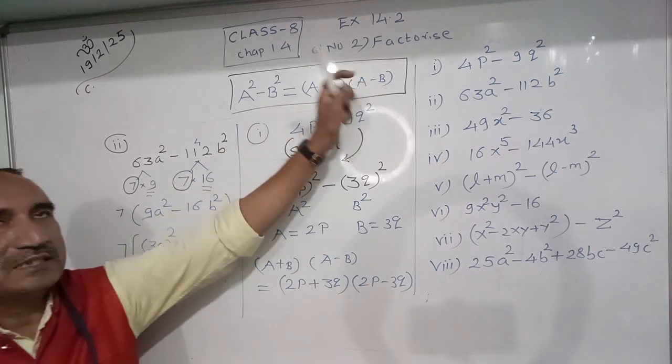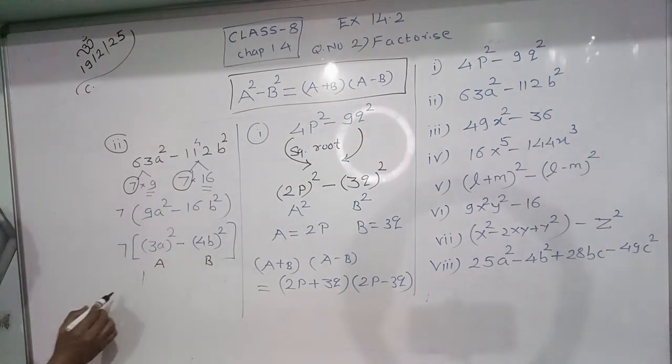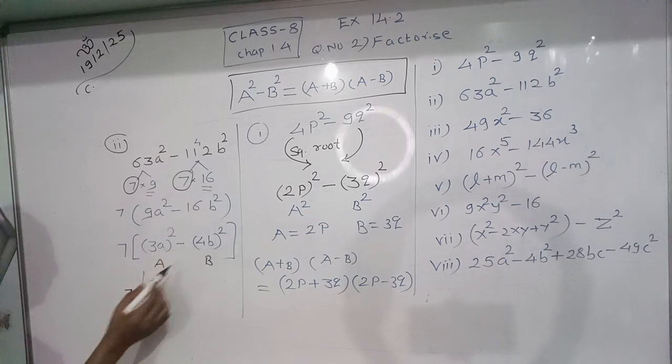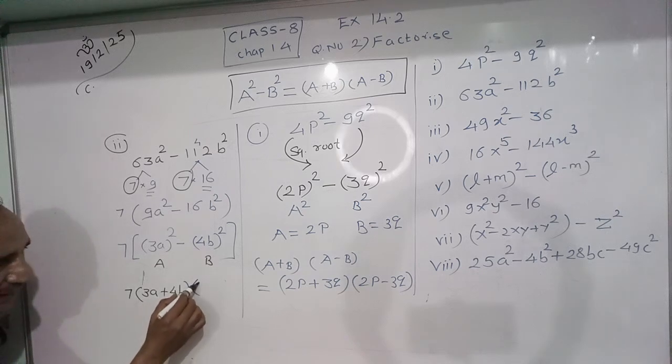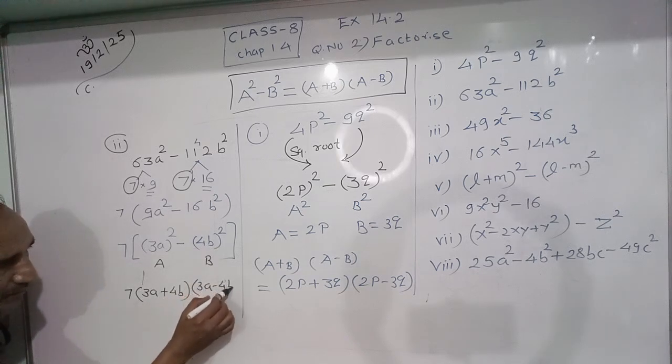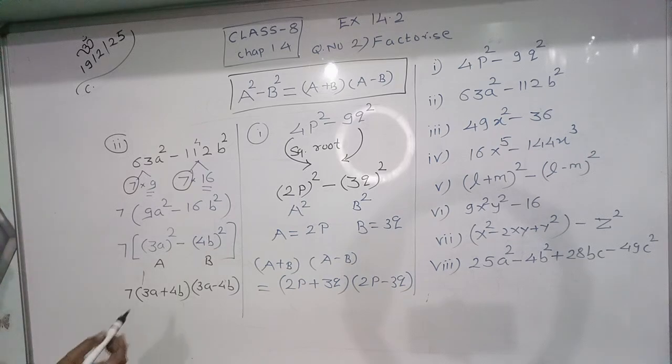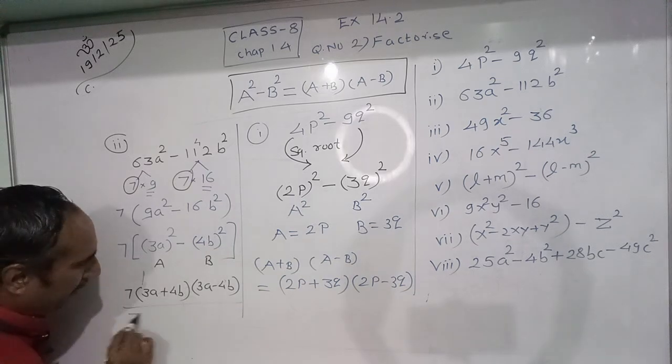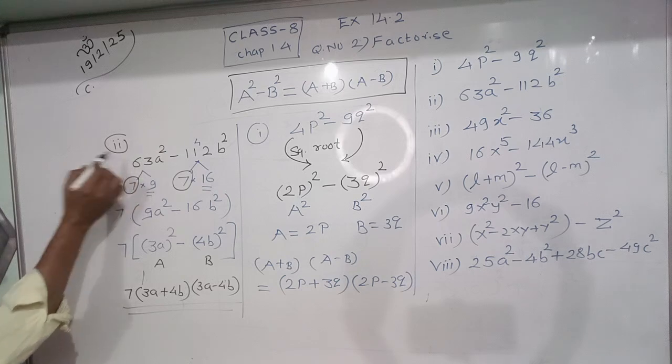Again, as per the rule, the right hand side: we are going to add them in one bracket, 3a plus 4b, and into another bracket, 3a minus 4b, and these are the factors of the question number 2.